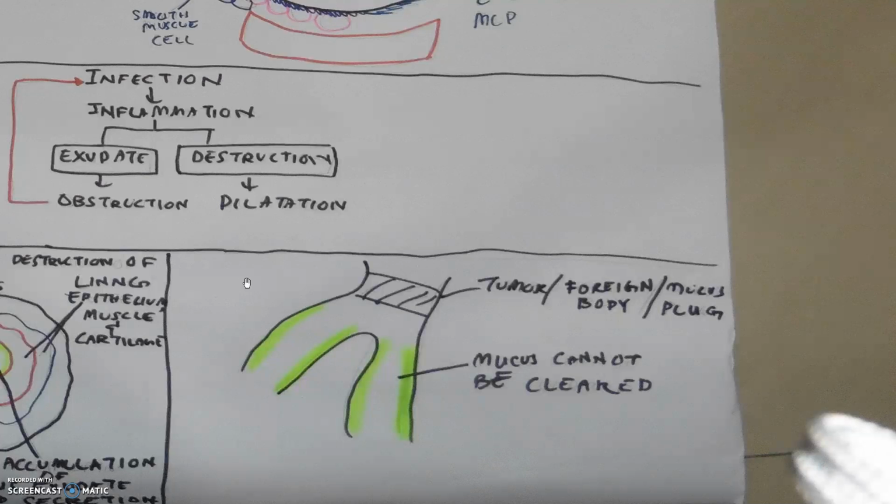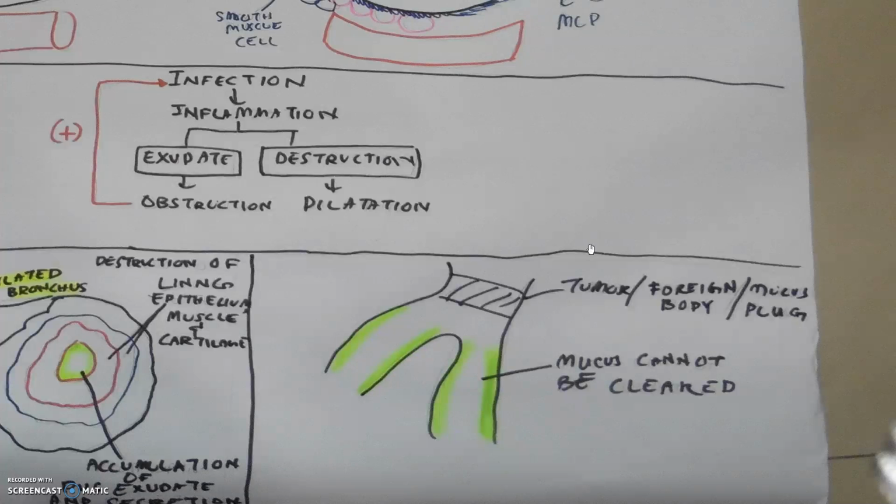So based on these two things, you have to remember that bronchiectasis is always a secondary disease and not a primary one. So that means it always occurs after obstruction and infection. Okay, there is also another pathogenesis that I'm not going to talk about here, that is also known as Kartagener's syndrome. This is due to the cilia not working properly.